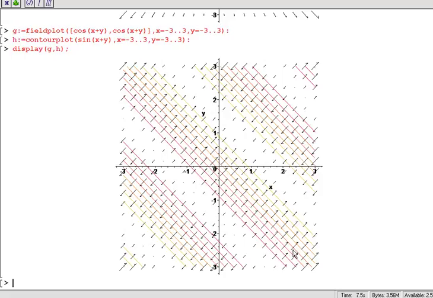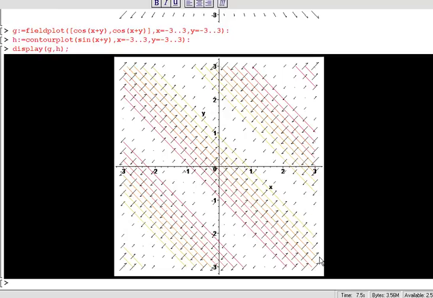And where the level curves are closer together, the gradient vectors are longer. So you noticed again that the vectors are longer when they're on the level curves than when they are over here. Here they're longer, here they're shorter, and they're orthogonal to the level curves. So that's what they wanted you to notice.